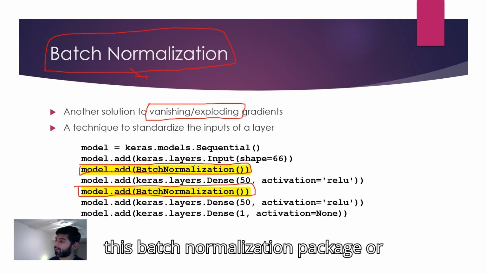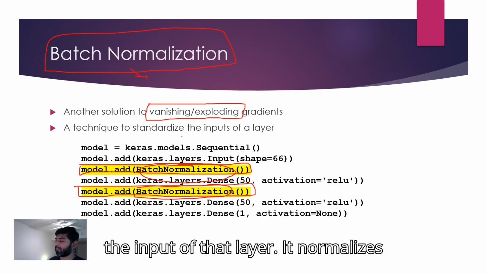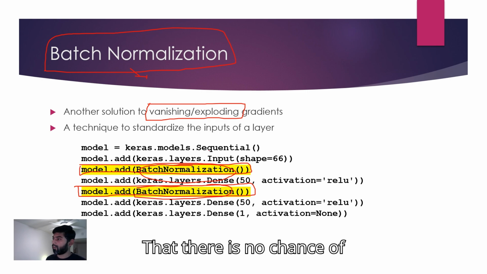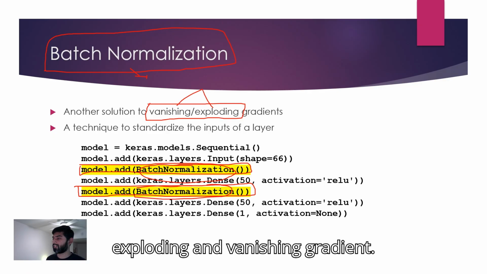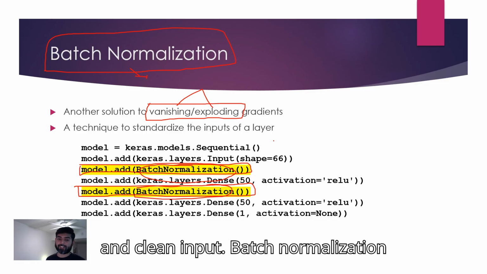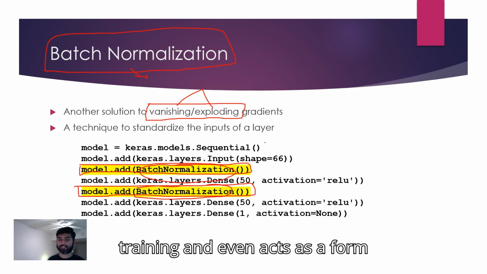Now you're calling this batch normalization function. What it does is standardize the input of that layer. It normalizes the input, and it makes sure that there is no chance of exploding and vanishing gradients. It's like giving every neuron a fresh and clean input. Batch normalization improves the stability and speeds up training, and even acts as a form of regularization.